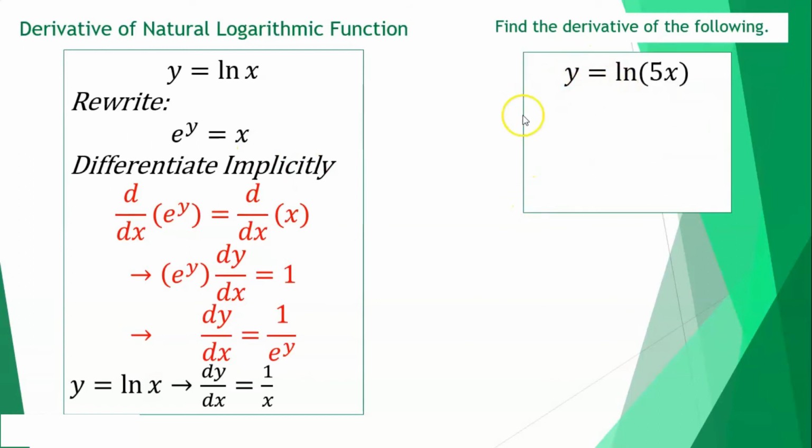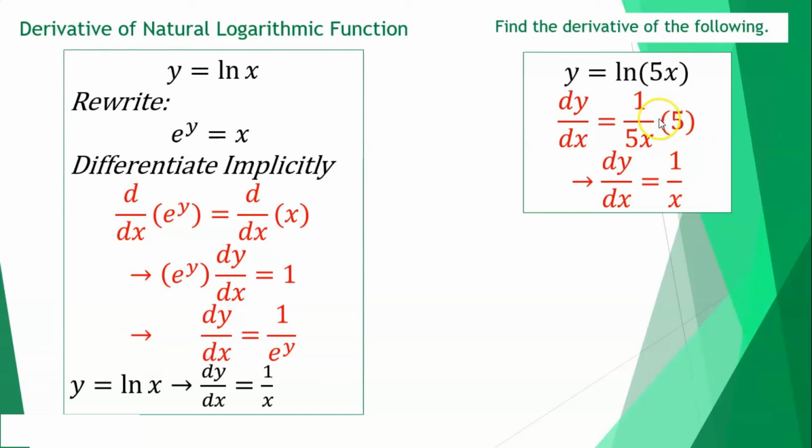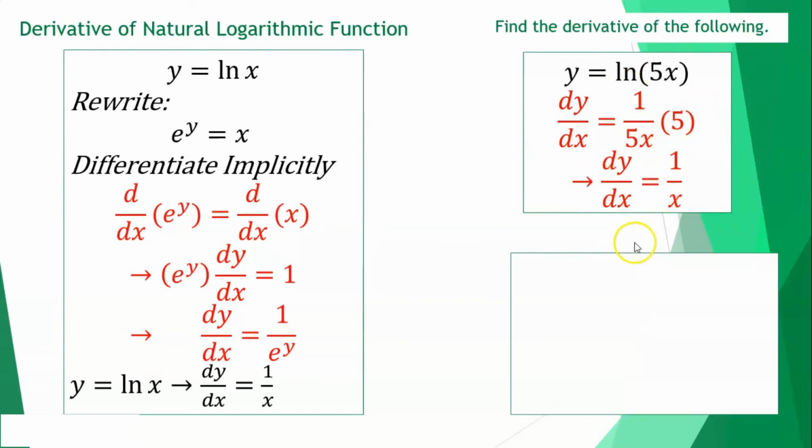Find the derivative of ln of 5x. With this, take note, we have 1 over the argument, so dy/dx is 1 over 5x times the derivative of 5x, which is 5. Simplifying, we cancel 5 and 5, so the derivative here is 1 over x. Okay, another.